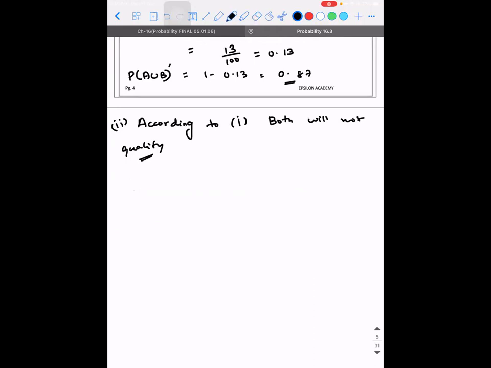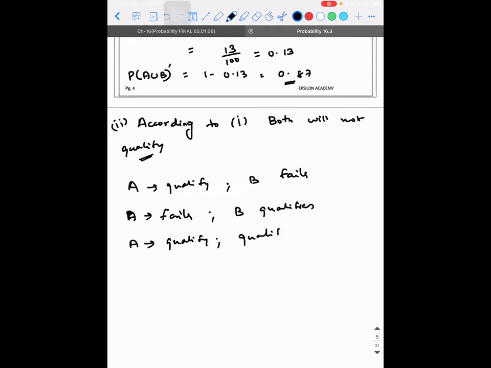A qualifies, B fails. A fails, B qualifies. Both fail. A qualifies, B qualifies. Then both will fail, which means both are not qualifying.